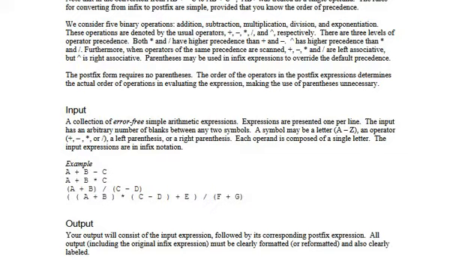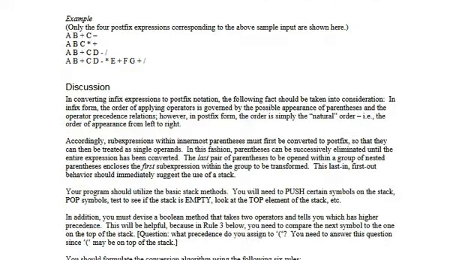We'll see some more examples: a plus b minus c, a plus b multiplied by c, and a plus b within parenthesis divided by c minus d, etc. So these are the outputs of the previous expressions.